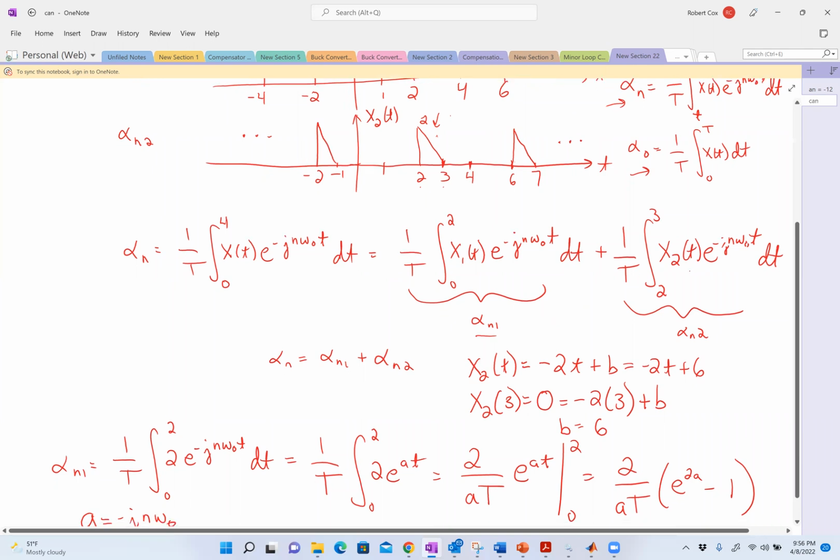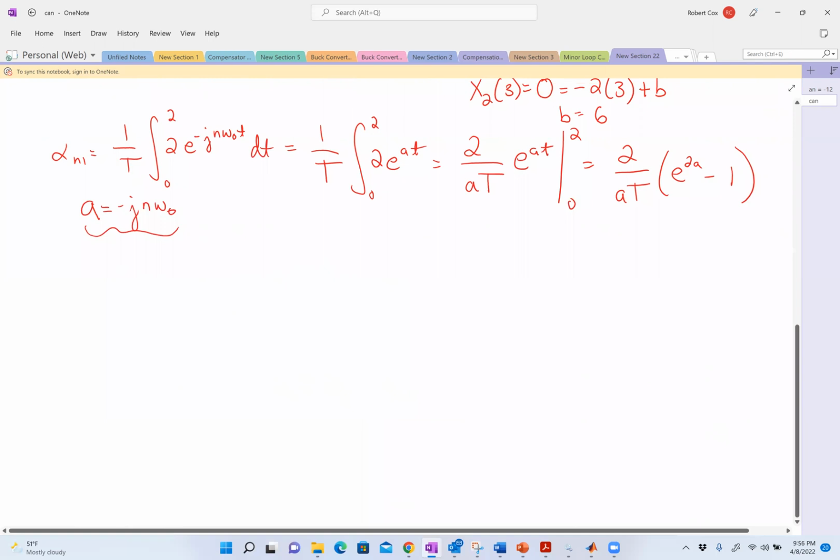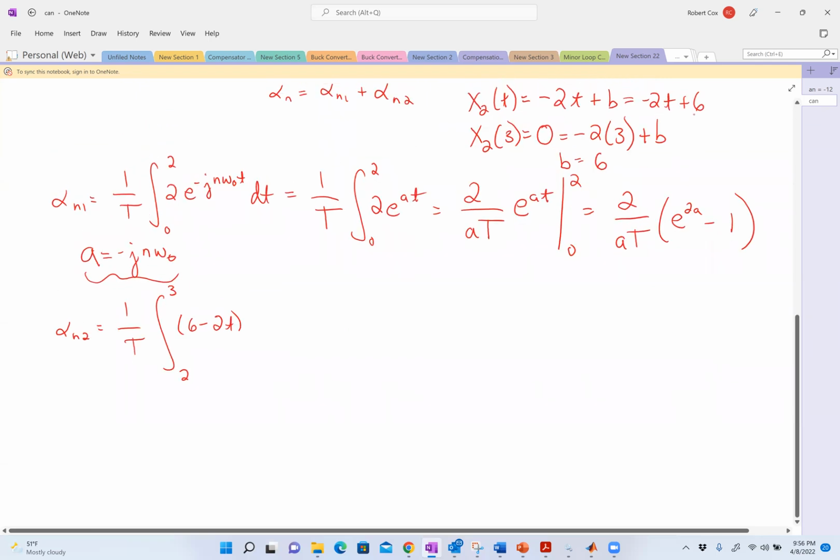All right, so now I'm going to write that as alpha n2 equals 1 over T integral from 2 to 3. And it's 6 minus 2t. That was the function that we found over here, 6 minus 2t, times e to the negative j n omega naught t dt.